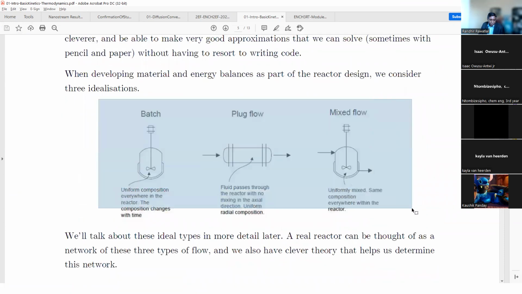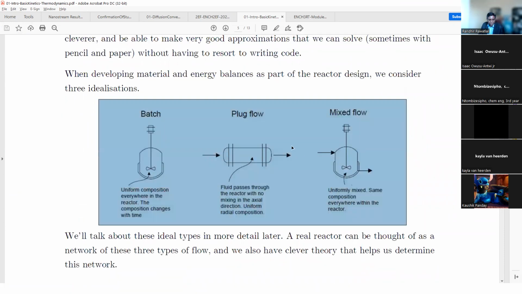And then we've mentioned briefly, we have these different types of reactor. We just showed a plug flow reactor, then we get batch and mixed flow reactors. In the batch case, like the name says, we react things in batches. We load the reactor up, we close it off, let it react, and then open up and take out the product. So that operates in batches. In mixed flow, we have a constant feed of reactants and a constant withdrawal of what we hope are products.